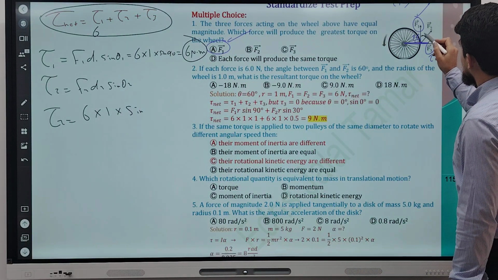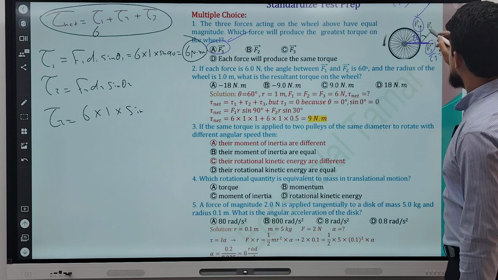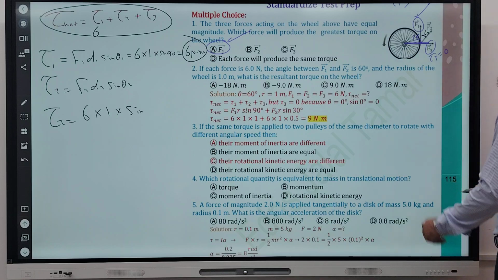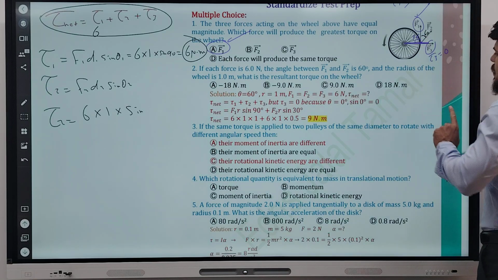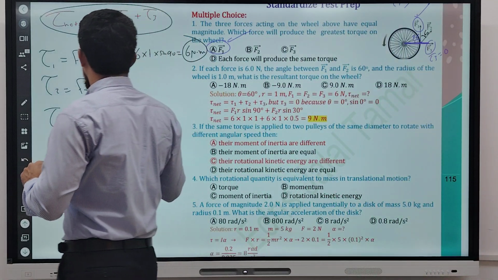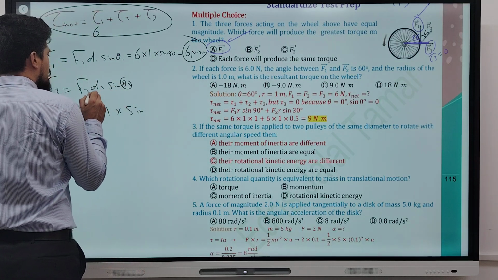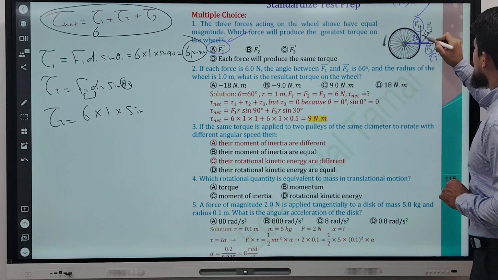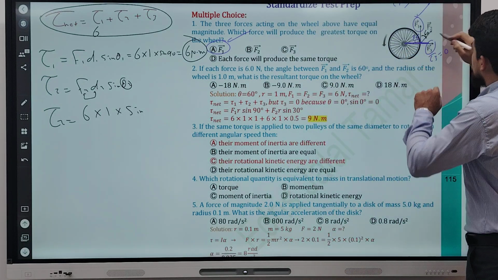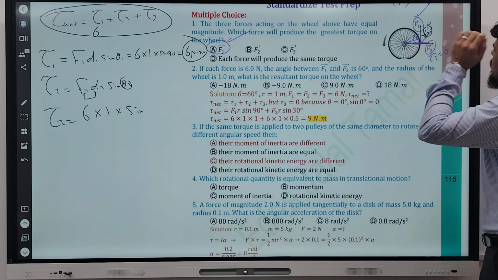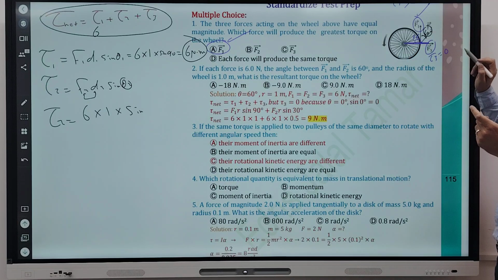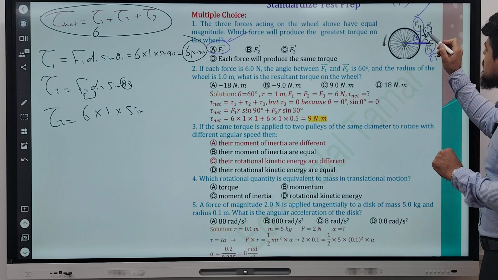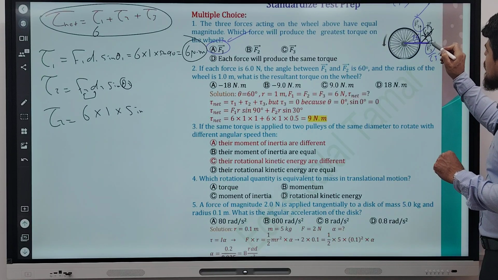Okay, so it is this angle, yes, 60 degree, but actually we don't need this angle, because in the equation of the torque, when we say FD sine theta, this angle should be between force and the distance from axis of rotation. This angle, which was given in this question, is between F2 and F1. This angle is not between F and D. So that is why we have to convert this angle from F2 to the distance from axis of rotation.